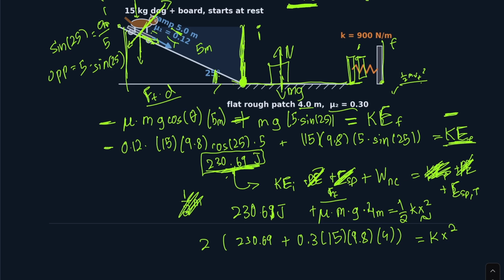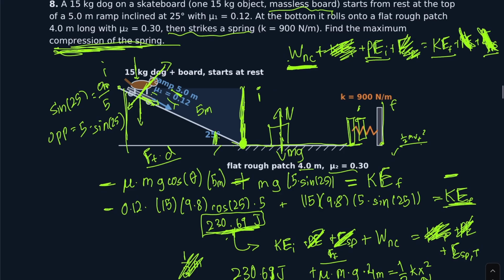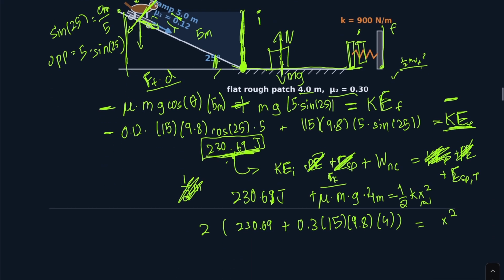And I can replace this k with our spring constant, which should be around 900. So what can I do then? I can divide this entire thing by 900.